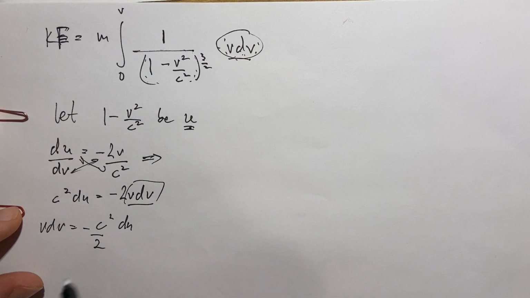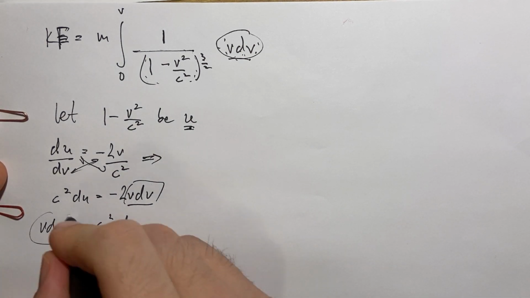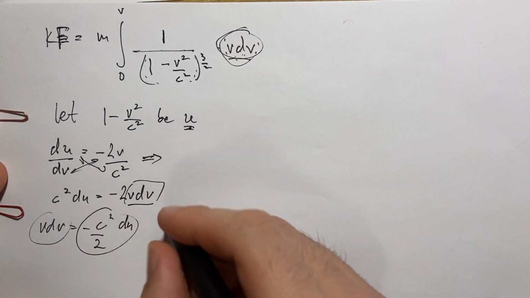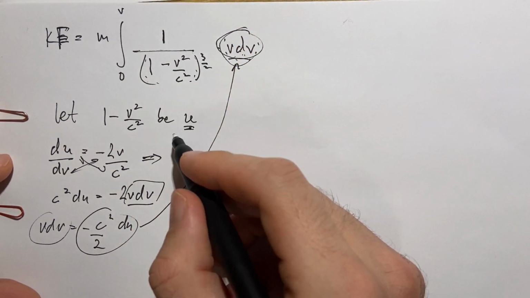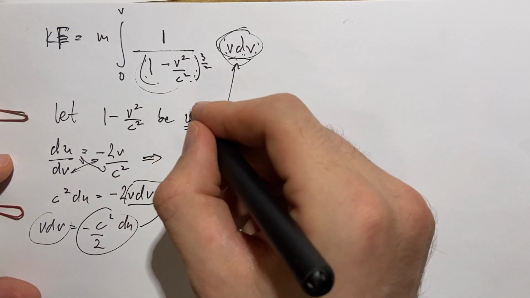That's just amazing. So let's go ahead and replace v dv with this expression, and let's replace this expression with u.